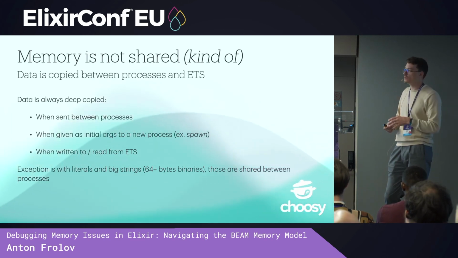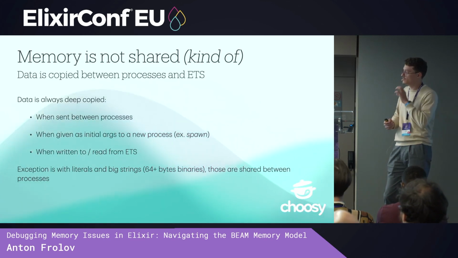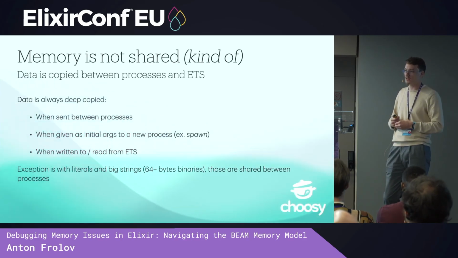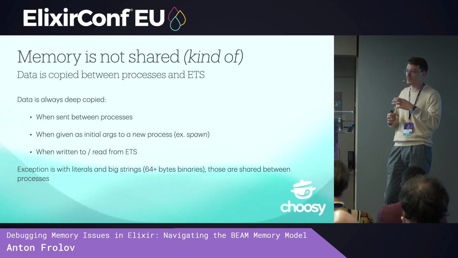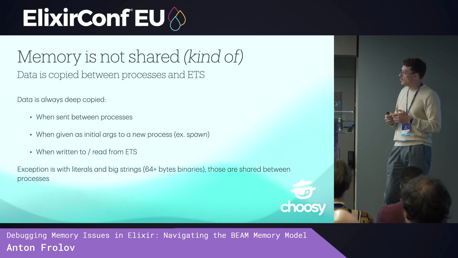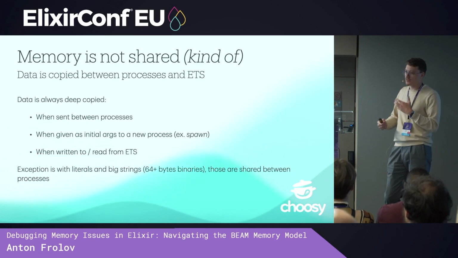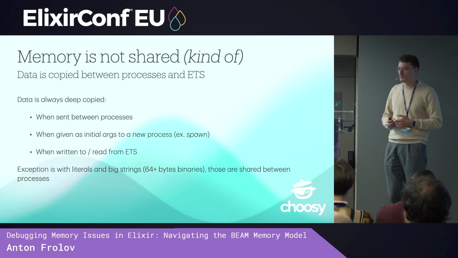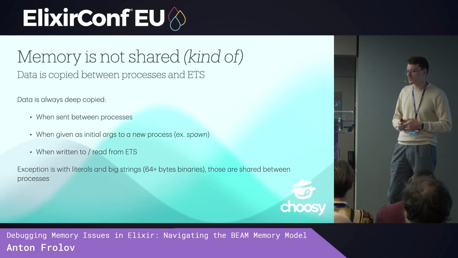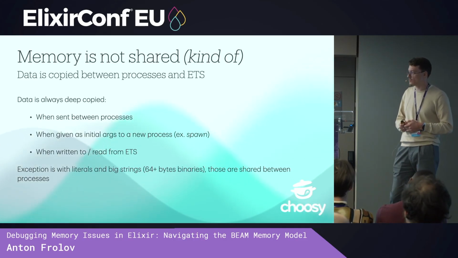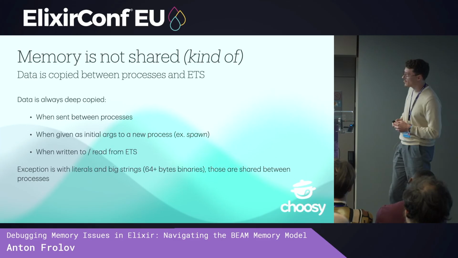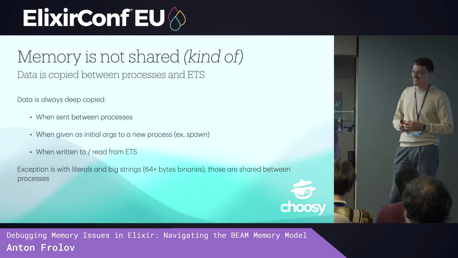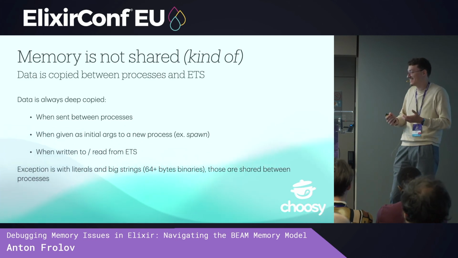I really encourage you to read about this specific case, described in the Erlang documentation about big strings, the binaries, and it also touches upon the off-heap memory that the BEAM has, and other interesting stuff. Things are not shared between processes unless they are.